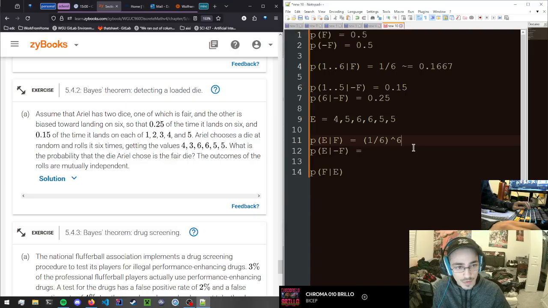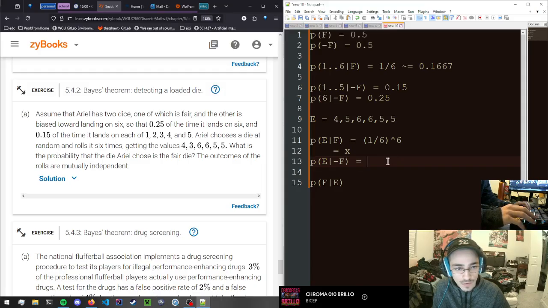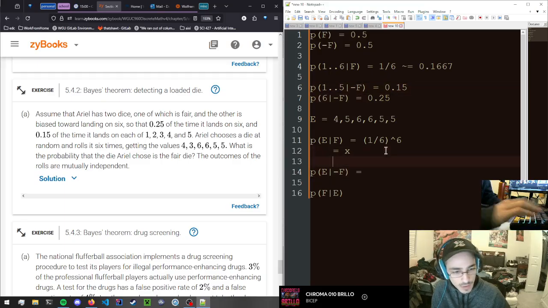Okay. I'm gonna put that into a variable as well. And I'm gonna put this one into a variable too. Cause yeah. So this one is the not fair dice, so that has a different distribution. So it's these two makes up that distribution.